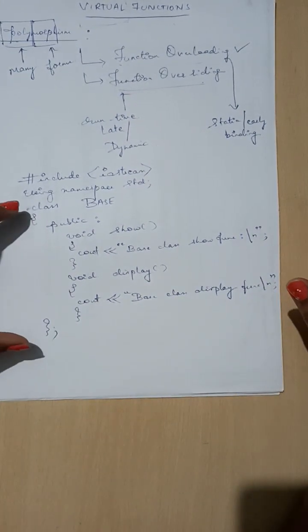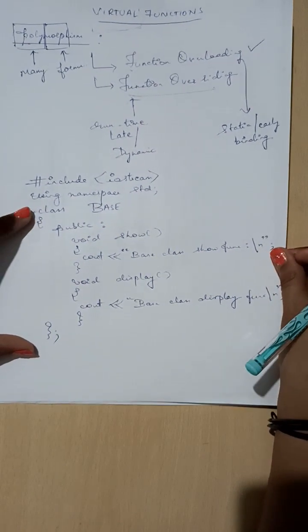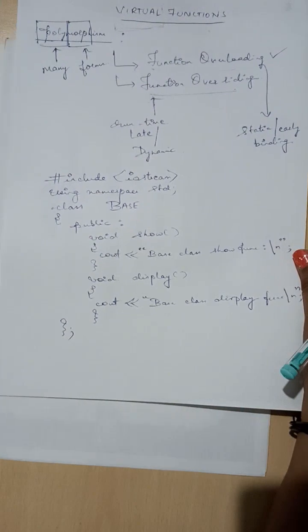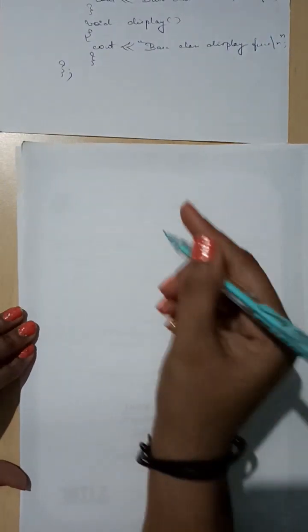So this is a base class definition. Now I want to define the derived class. Okay, I'll continue it on the next page.